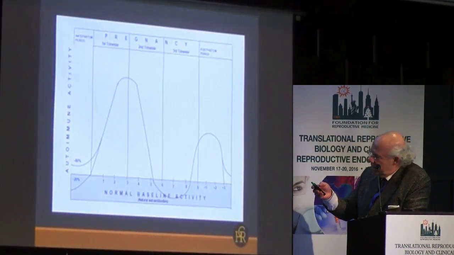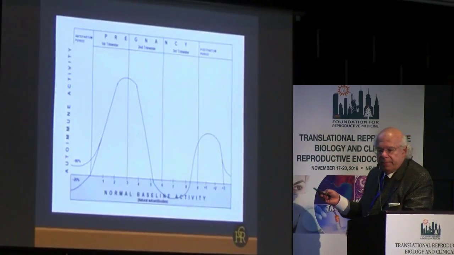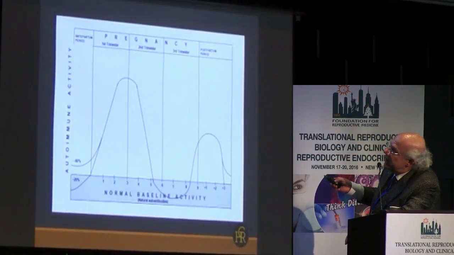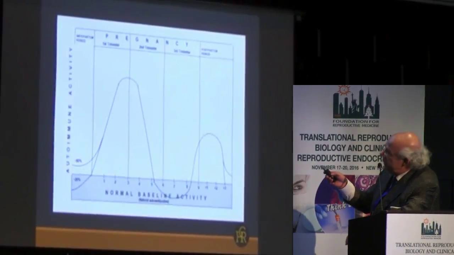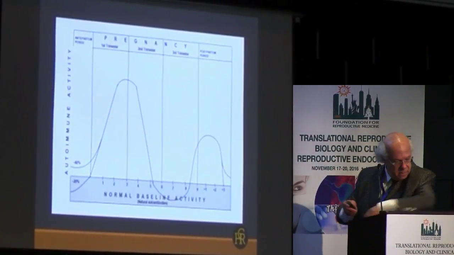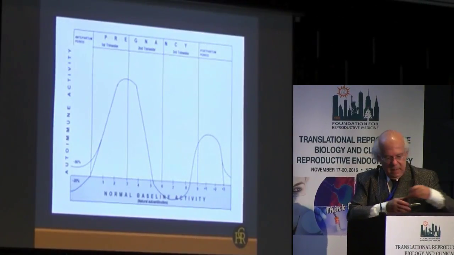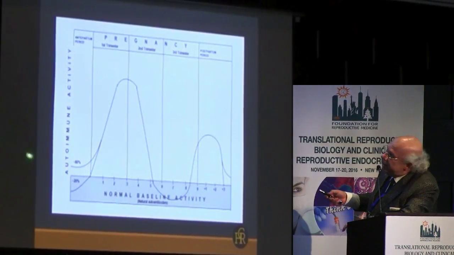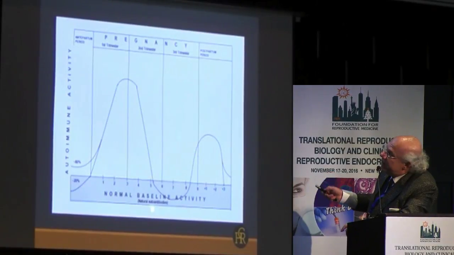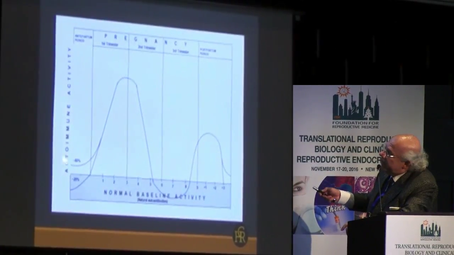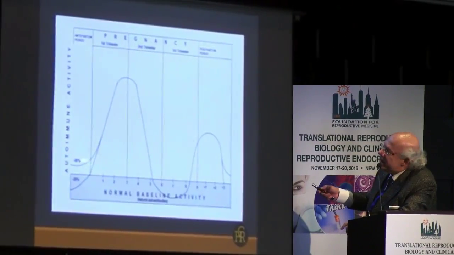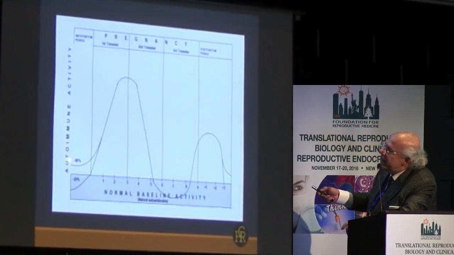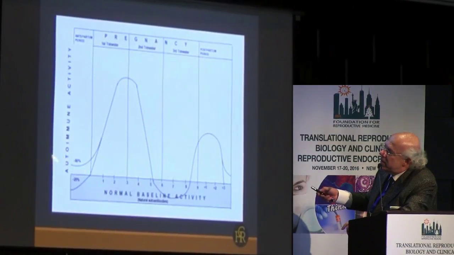And what you see here is the time schedule of when you follow their immune system activation. This is not working here. Okay. When you follow the immune system activation, and when we studied this, roughly 80% of the patients who we studied had already evidence of autoimmune abnormalities at the beginning of the pregnancy or before the pregnancy.